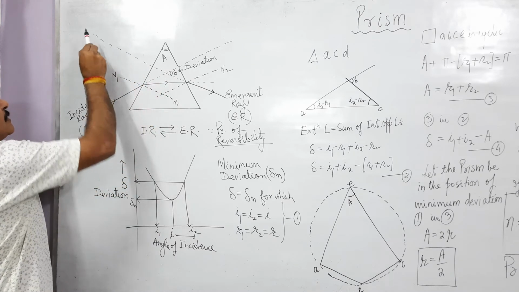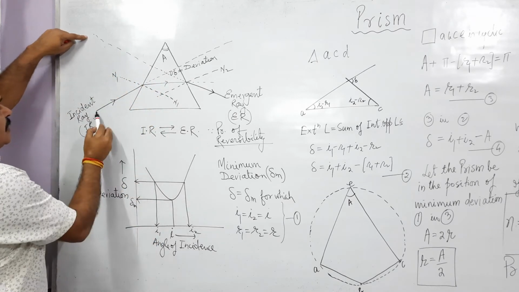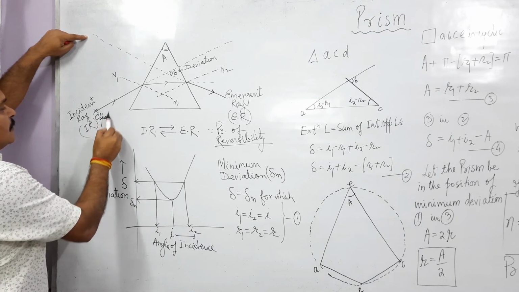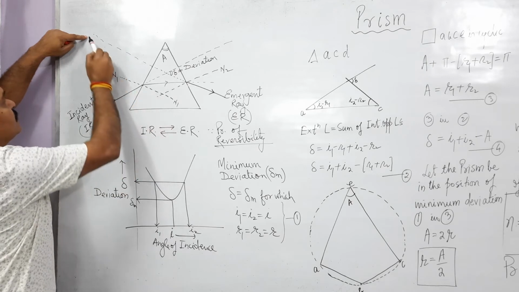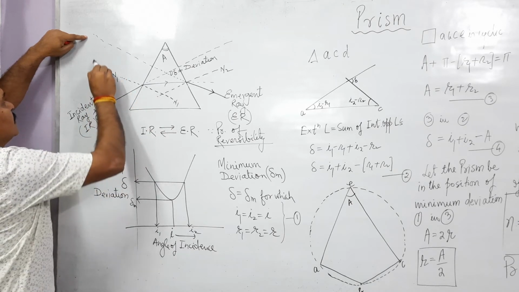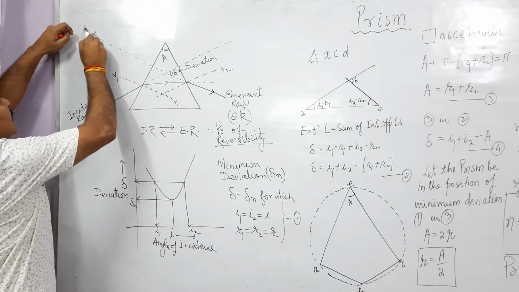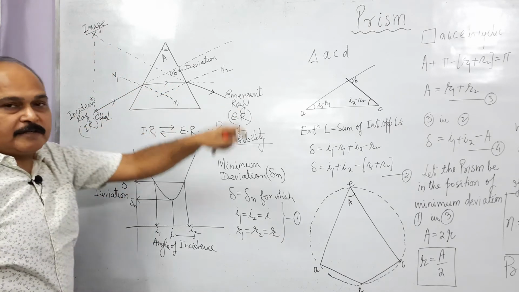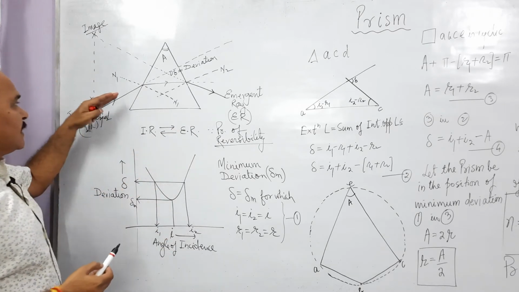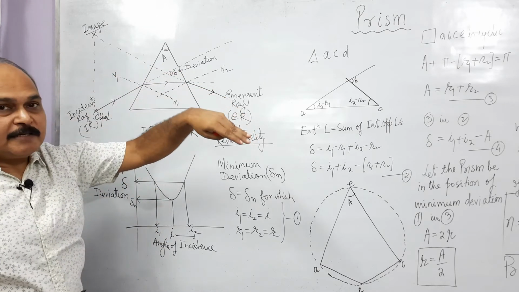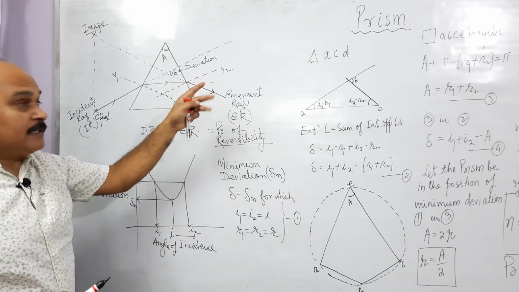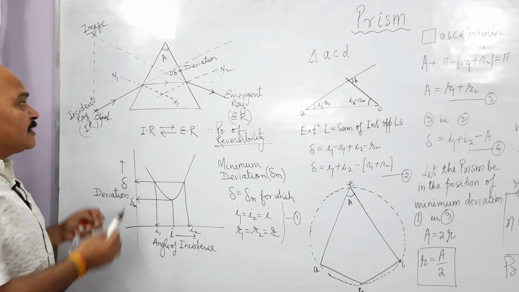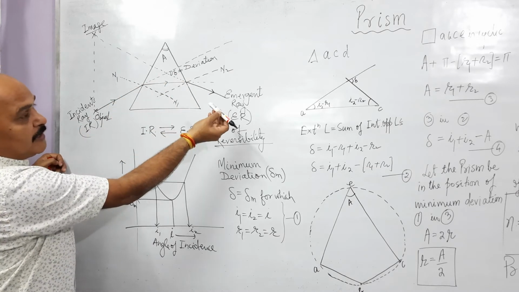That means if this is your object, then the image of the object is going to be visible here, as seen through the prism from the other side. So this is the incident ray, this is the emergent ray, and the angle between these two directions is called the angle of deviation produced by the prism. And you can see that the ray of light is ultimately bending towards the base.